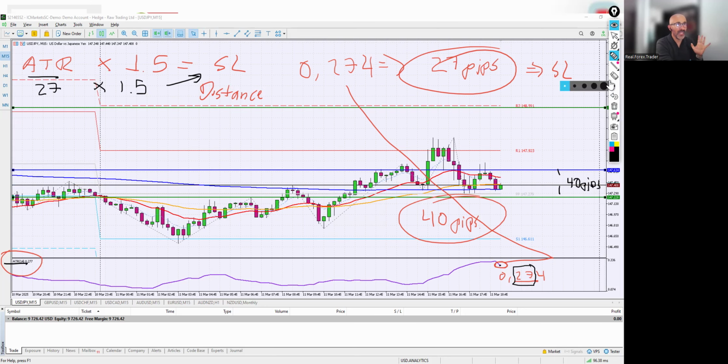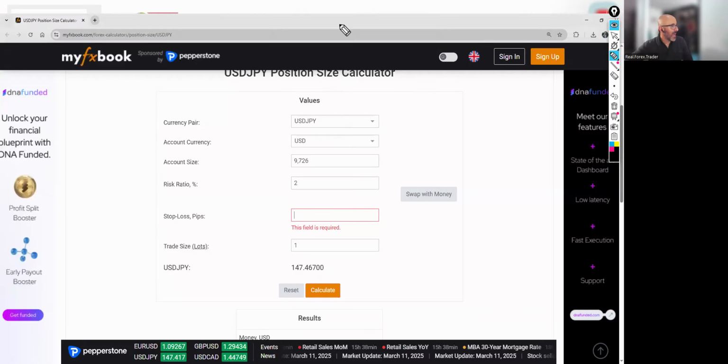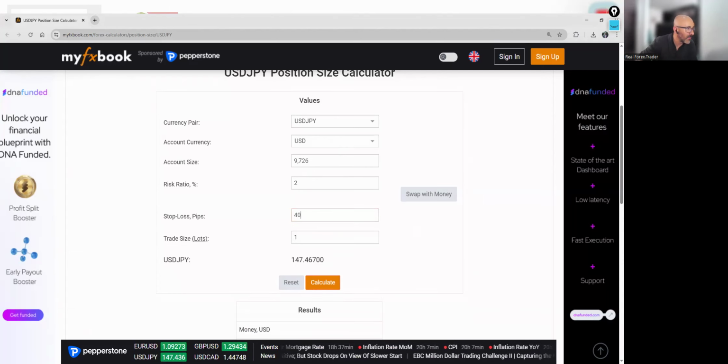All right. Clear there. What is the next step? I go back to my tool, right, to my website. And remember that I already set here the pair that I'm trading, the size of the capital that I have in my account, the risk that I'm going to take for this very trade, that is 2%, and the calculated stop loss. So my stop loss is 40 pips.